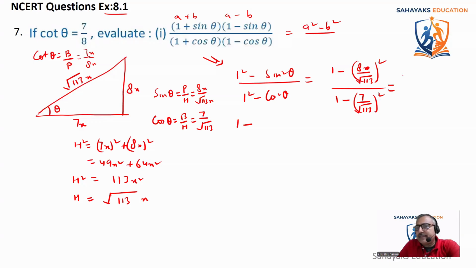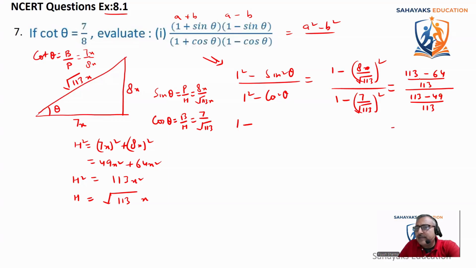Now, if we take the value here, it comes out to be 113 minus 64 divided by 113, divided by 113 minus 49 divided by 113. Now 113 will cancel out.